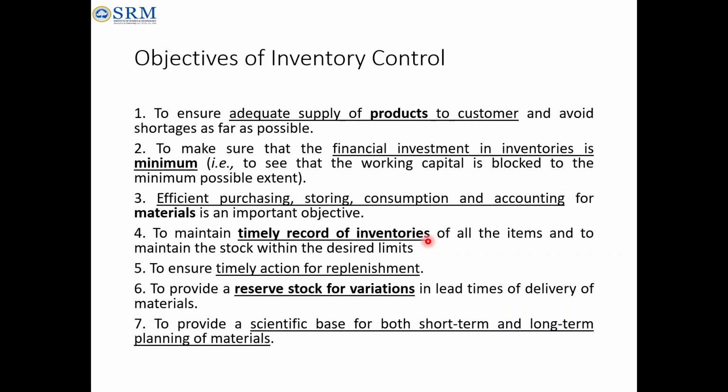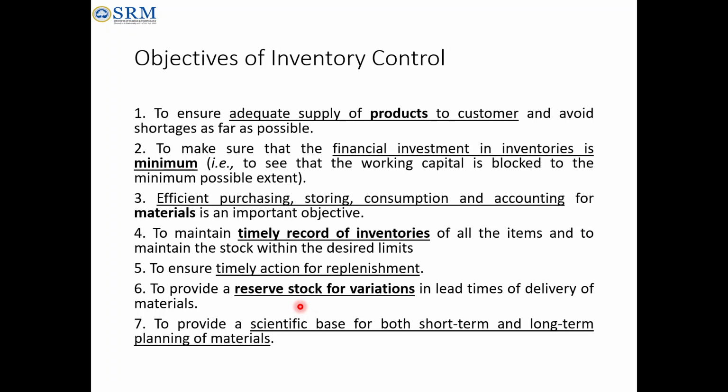You have to have a record of inventory. Otherwise, if you are not keeping a record of inventories in your industry, you don't know what is there in the industry, and in that sense you can't run the production. A timely record of inventories is very important, and timely action for the replacement or refill is also very important.